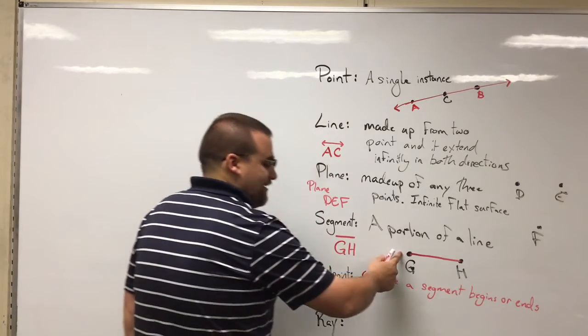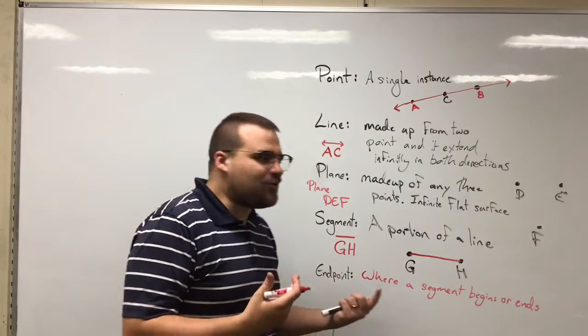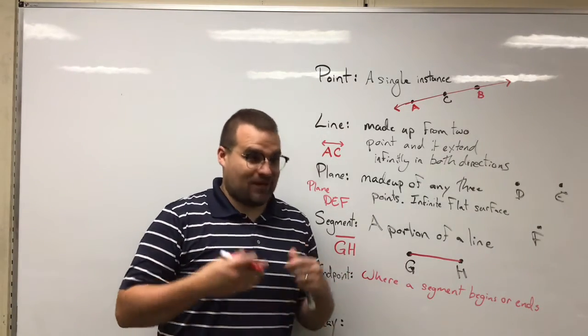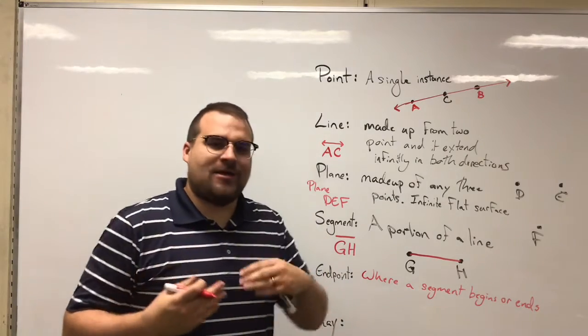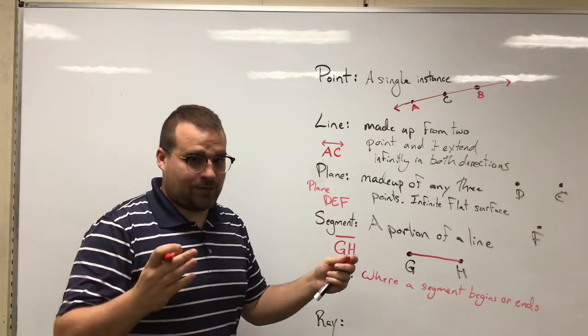So in this case, G and H are both endpoints. Even though the line kind of started at G, and we might think of it as a starting point, it technically is an endpoint because it's at either end of the line.